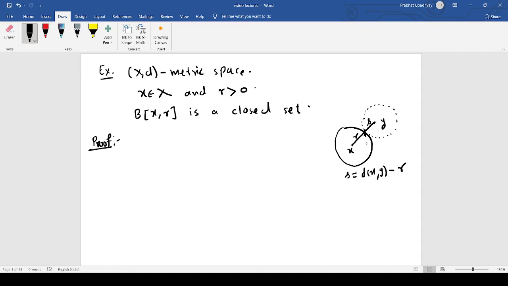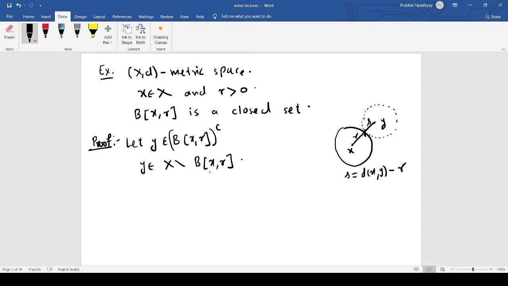So this figure suggests that if I choose my s to be d(x, y) minus r, my open ball centered at y of radius s will totally lie in the complement of closed ball B(x, r). Let's see whether our choice of s works or not. So let y belong to the complement of closed ball B(x, r), that is, y belongs to X minus B(x, r).